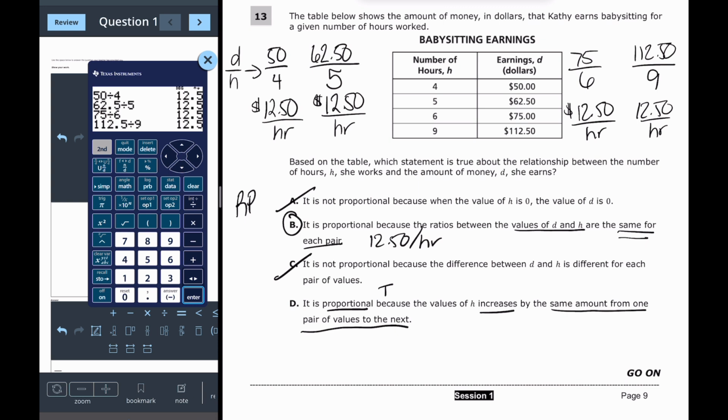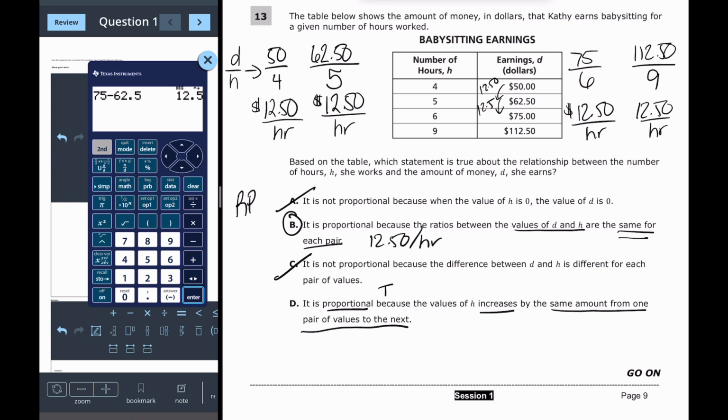That's not true because if I'm looking at it here, from 50 to 62.50 is going up by 12.50. But the next set isn't going up by 12.50. Well, is it actually 75? Let's really check that. 75 minus 62.50. All right, so that one increases by 12.5.